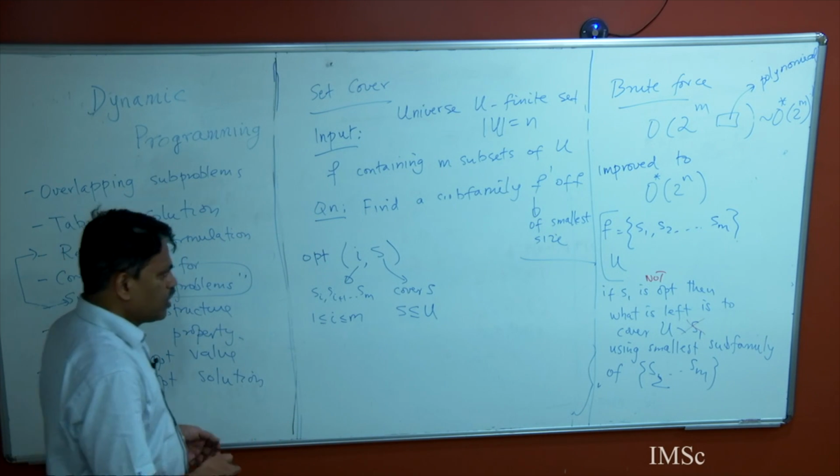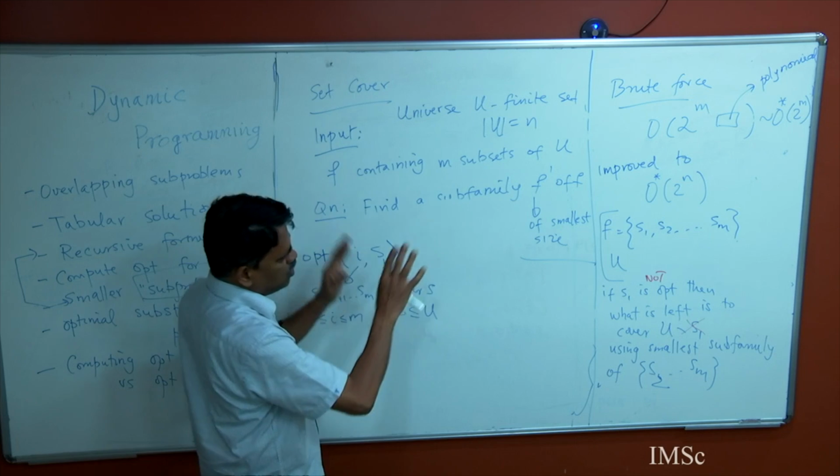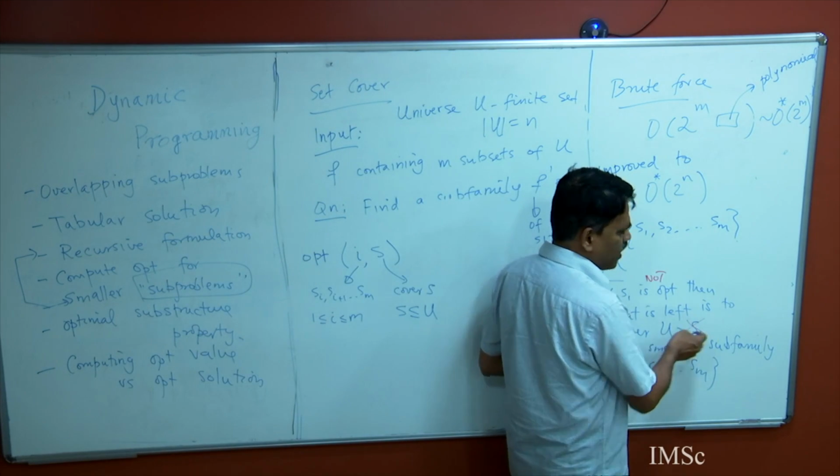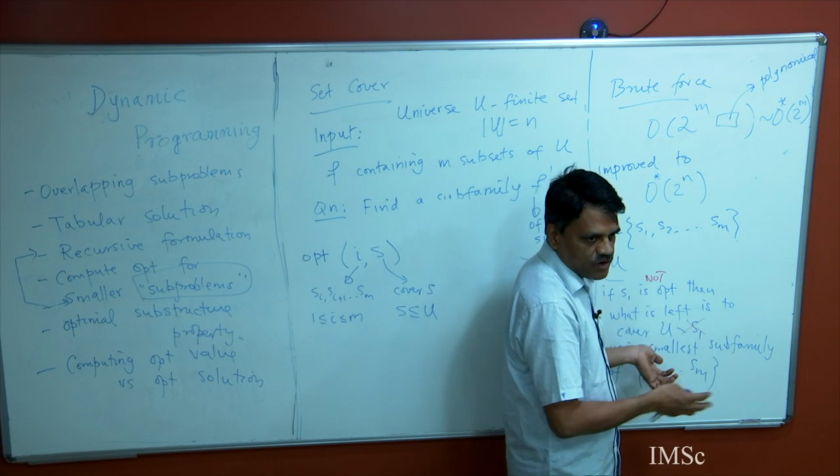So cover this subset of the universe, not the entire universe, because the smaller subproblem is going to cover some U minus something. So it is some subset of U.